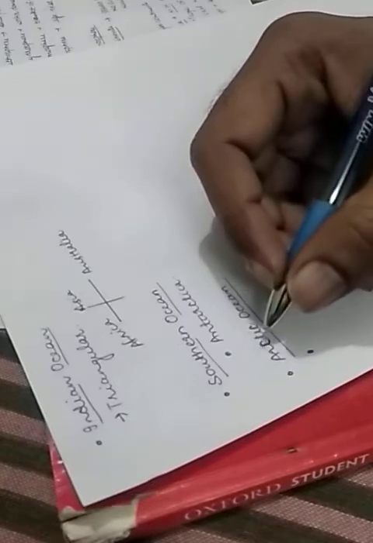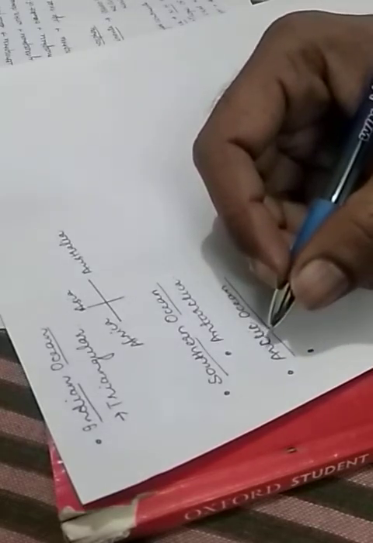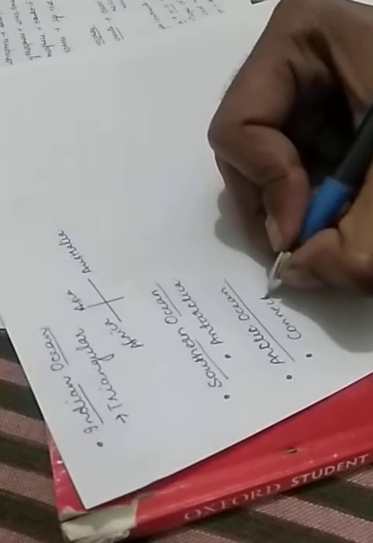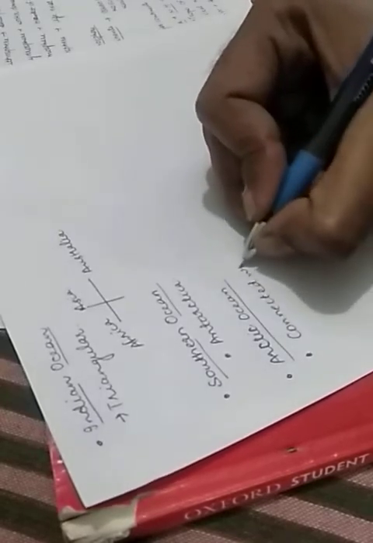It is connected with Pacific Ocean by a narrow stretch of shallow water known as Bering Strait. On the northern coast, it is bounded by North America and Eurasia.